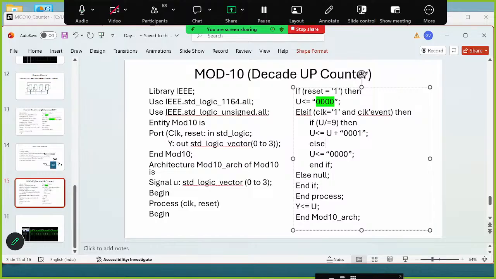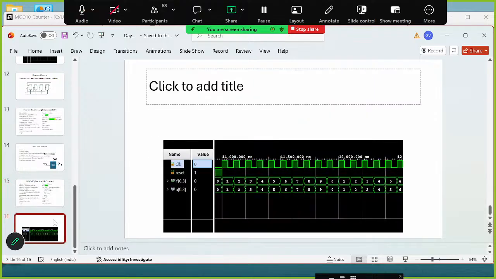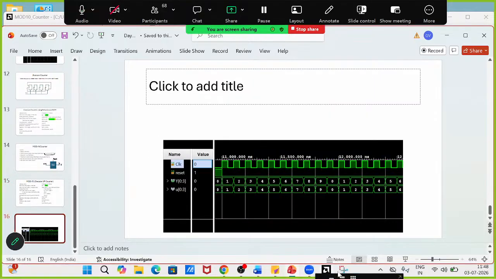And whenever the clock tick event occurs, if u is not equal to 0, then you can write u minus 0001. So it will down count. Else, again, you can put 1001. I hope you can do this in this manner. You can test it by yourself, everybody. So that will become a down count.